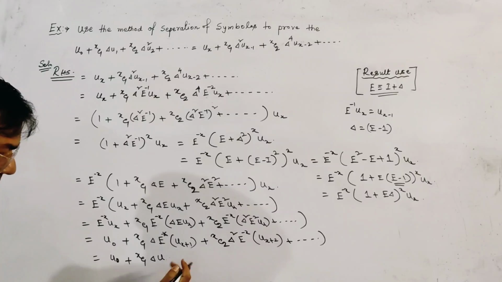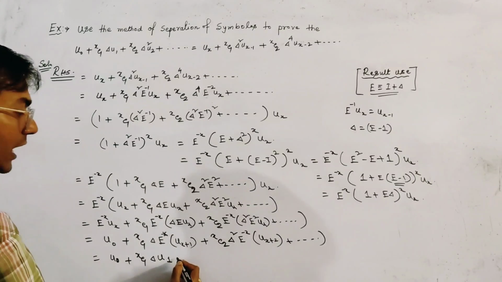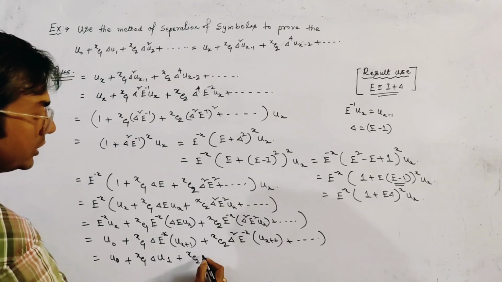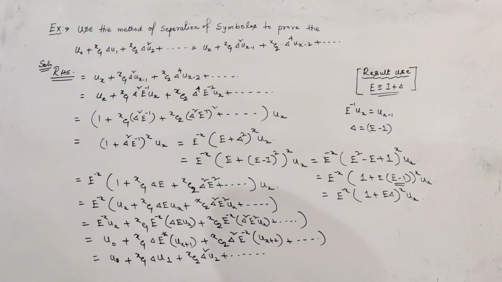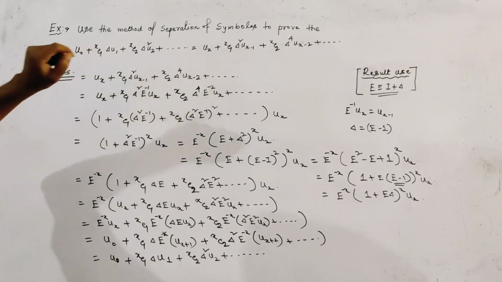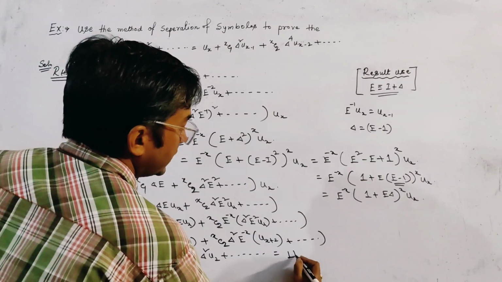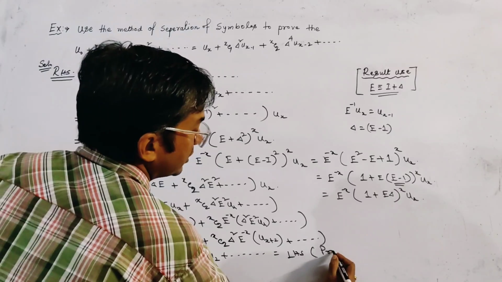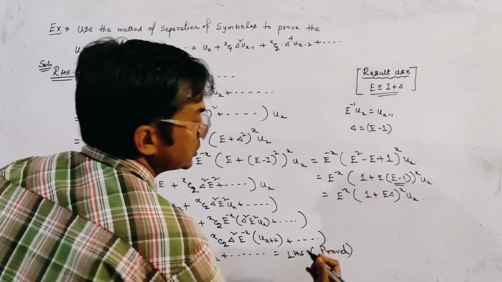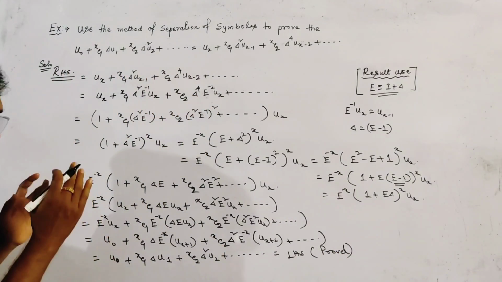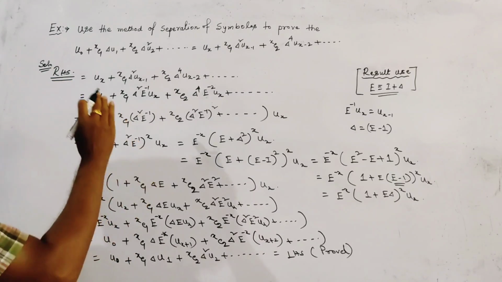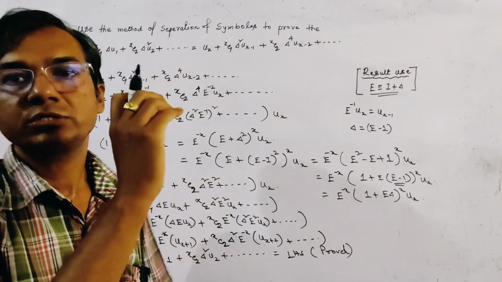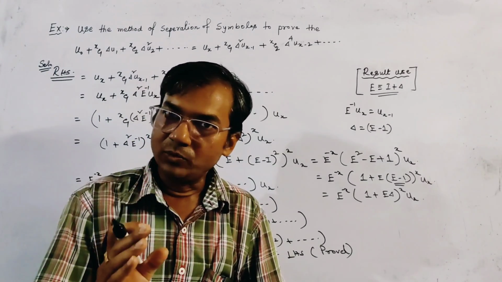Similarly xC2 Δ² u2 and so on, and clearly this is the left side of the given expression. This is LHS, so our proof is complete. This is a very easy proof, and we proved this relation using the separation of symbols. Okay, thank you for watching.